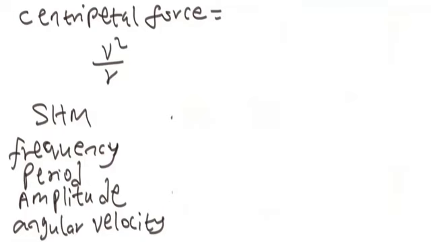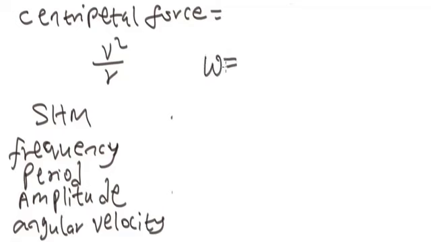Let's wipe this. Amplitude is the maximum displacement or distance of a body undergoing simple harmonic motion, and amplitude is a distance measured in meters, whereas angular velocity is simply the angle swept around a circle per unit time.